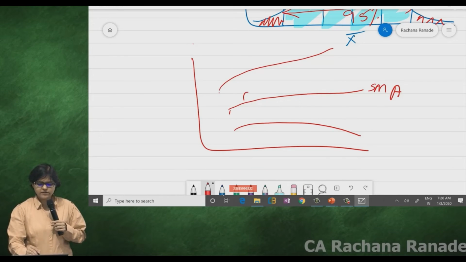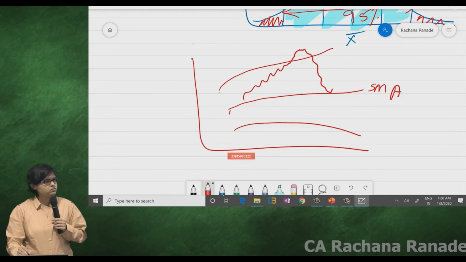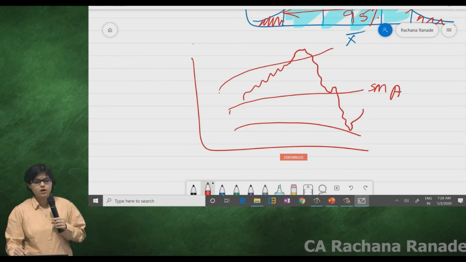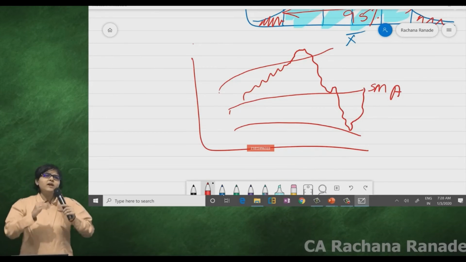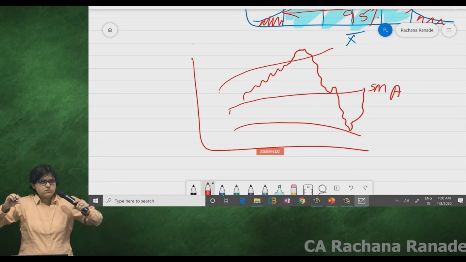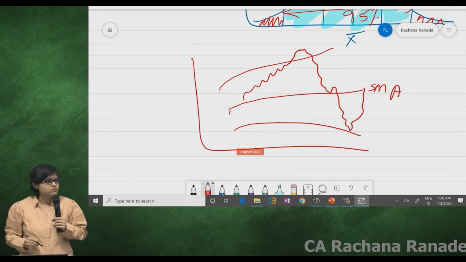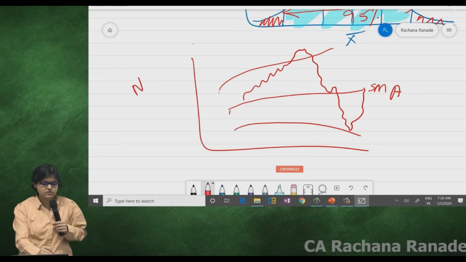If the stock price is somewhere here, great chance that it will come down. If the stock price is here, great chance that it will go up. Somewhere it will be near the average. How many cases? 95% of the cases this will happen. Correct? So this is the normal strategy.